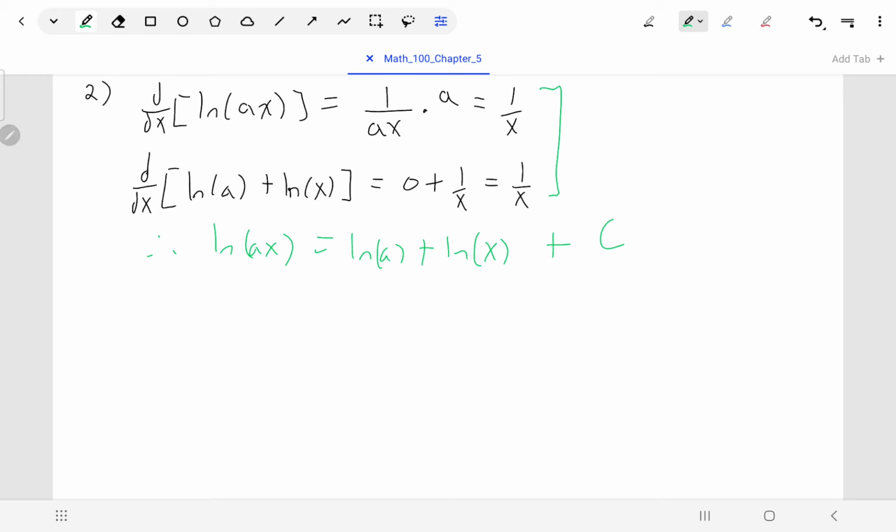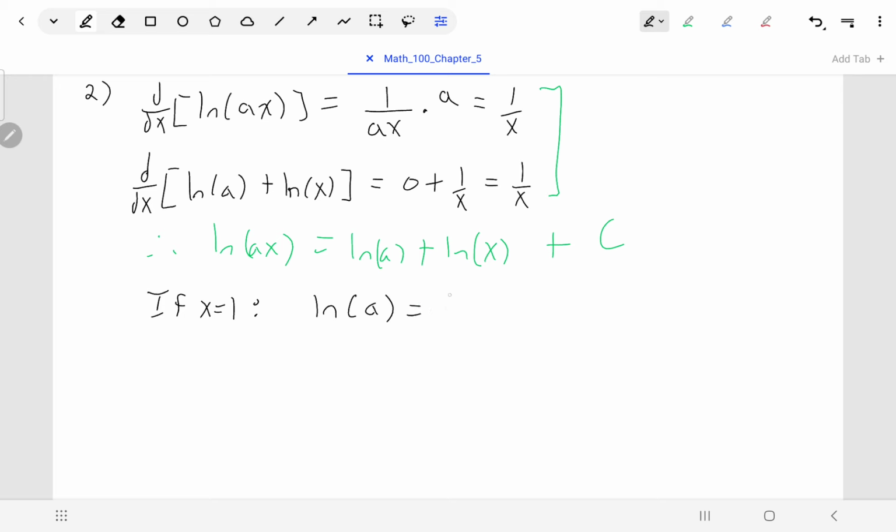So now the next thing is to ask ourselves, what is this mystery constant that might be the difference between these two functions? Hopefully it's 0, and then we'll be able to conclude these two things are equal. Good news, we know that the natural log of 1 is 0, so if x is equal to 1, on the left side we'll have the natural log of a times 1, which is the natural log of a.